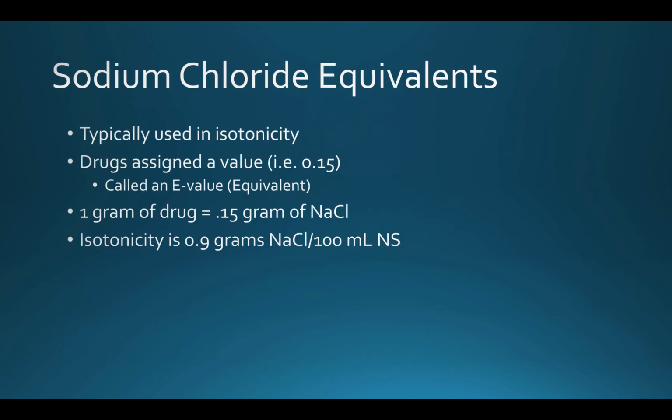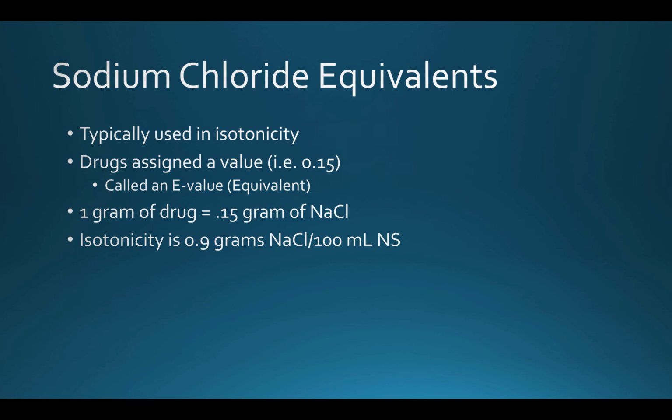Sodium chloride equivalents. So typically this is going to be used in isotonicity, kind of classically used in something like eye drops. And each drug is assigned a value, which is sometimes called an E-value or equivalent value.